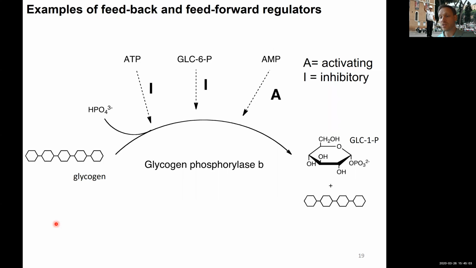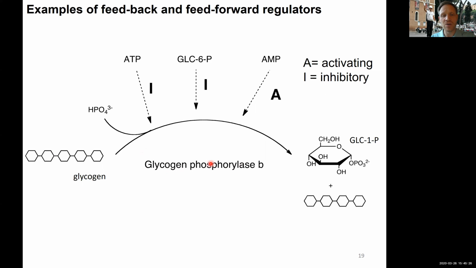Right, so now that we understand these two different concepts of feedback inhibition and feed-forward activation, let's have a look at some examples of these metabolites. And I'm using as an example here our glycogen phosphorylase B. We had seen this in our breakdown of internal glycogen. That was a phosphorylase that we saw there.